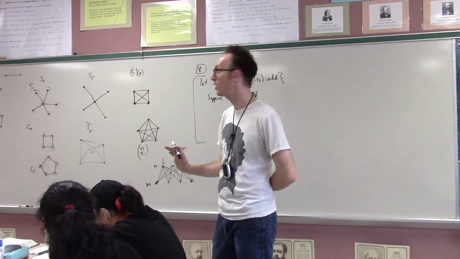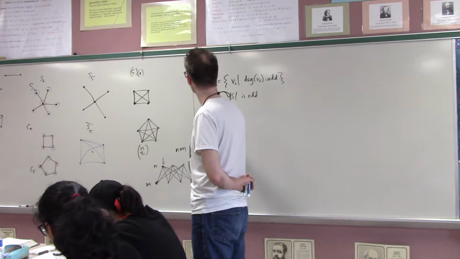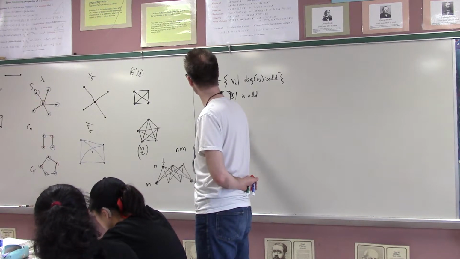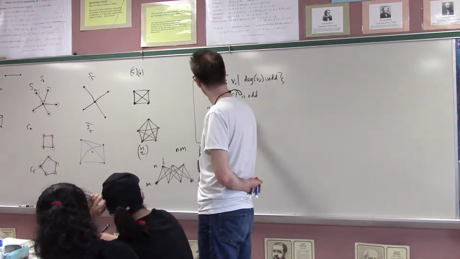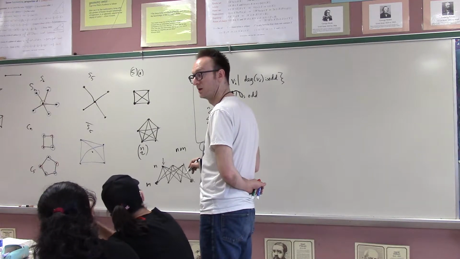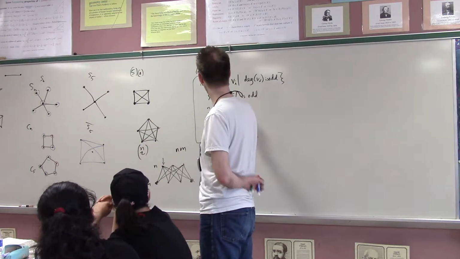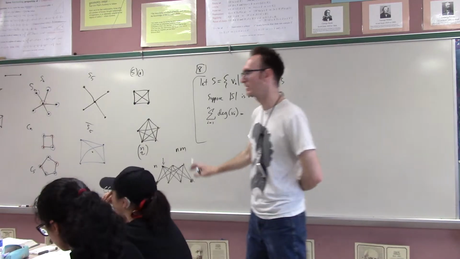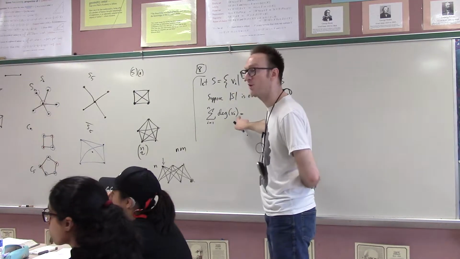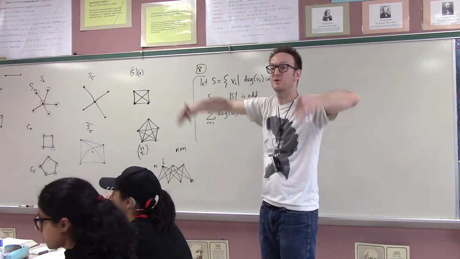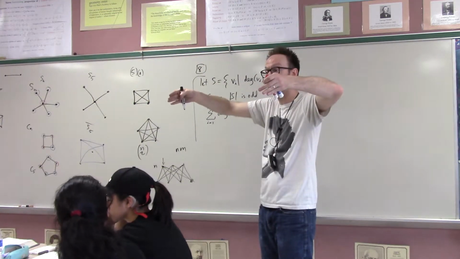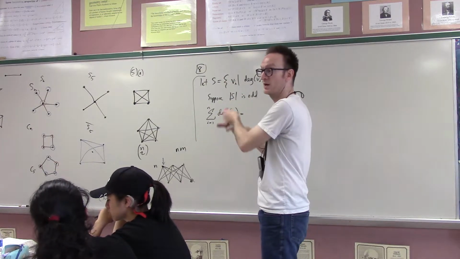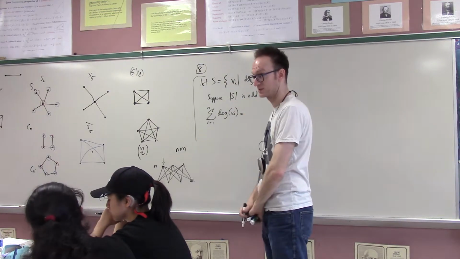Agree? Okay. Then, if you take the sum from i equals 1 to n of the degrees of all the vertices, the sum of the degrees of all the vertices is the sum of the degrees of the even degree vertices plus the sum of the degrees of the odd degree vertices.